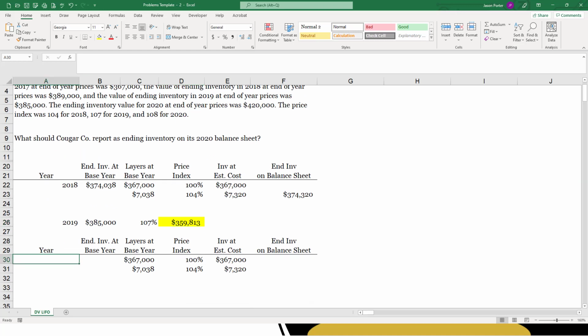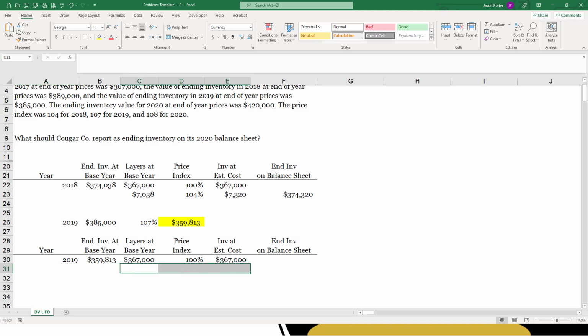So let's come down to our table. And again, I am just adding on in my new table to the values that I already have calculated. And I find in this case, $359,813 is less than what I've had in the past. I've shrunk my inventory. In other words, I'm using up what's on the shelves instead of buying more. So the first thing I would do under LIFO is I would sell off the inventory from 2018.